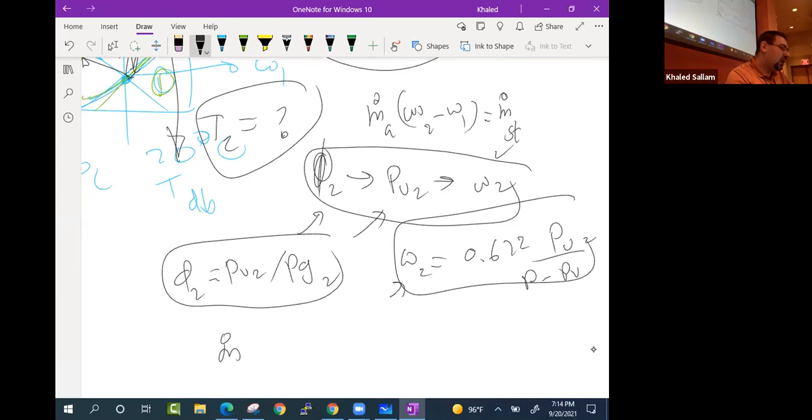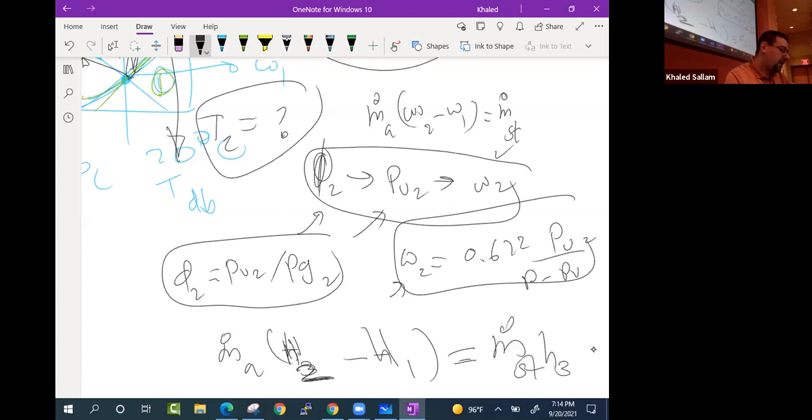It really requires you to assume, huh? It requires you to assume some W2. Then things will be easy. And then you calculate everything. And then you check, is it really the W2 that I assumed or not?